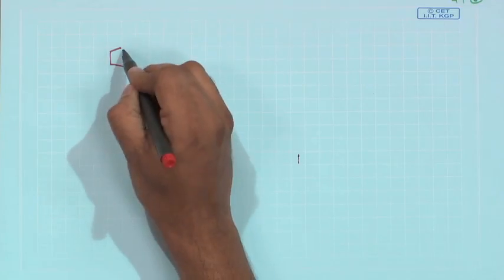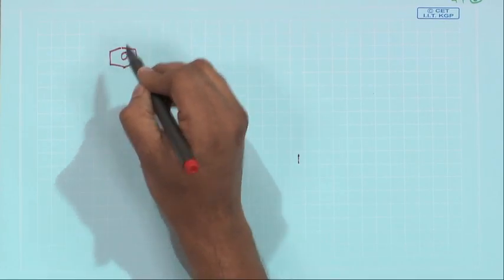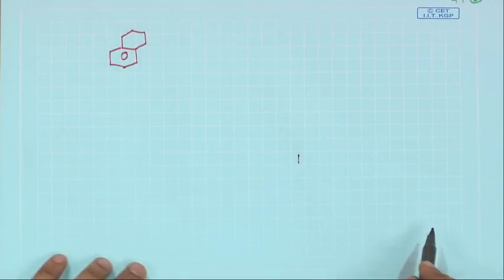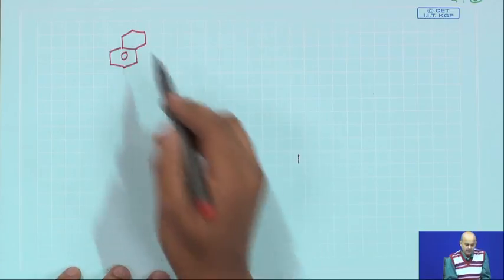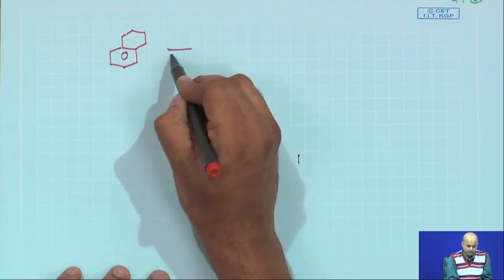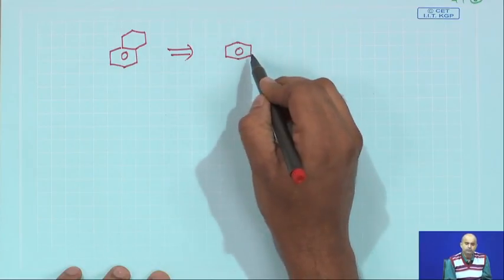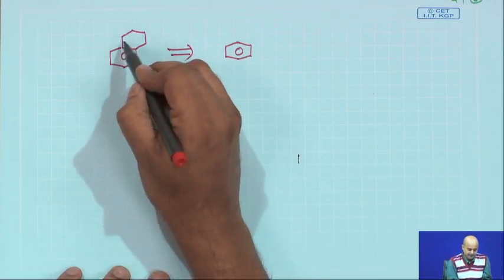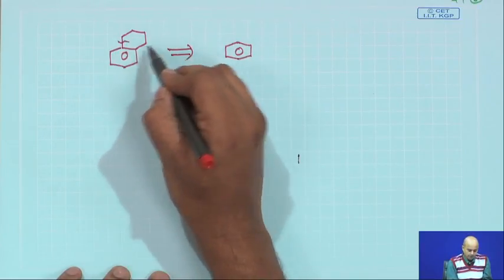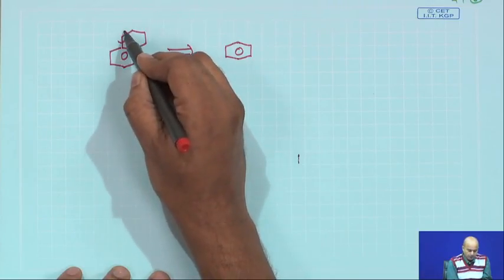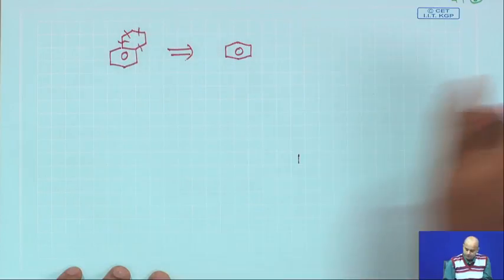Sometimes you may have a molecule like this, where an aromatic nucleus is fused with another ring, and in those cases your strategy should always be that you start with an aromatic compound and then make these bonds, which are basically exo, or you can make these off-exo bonds.